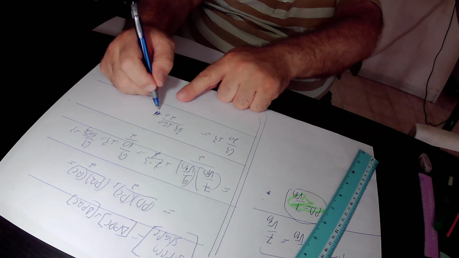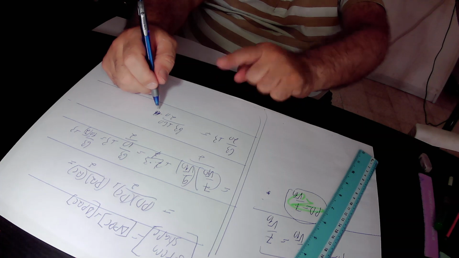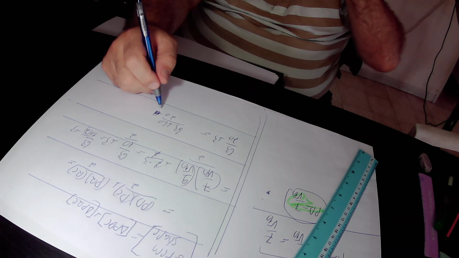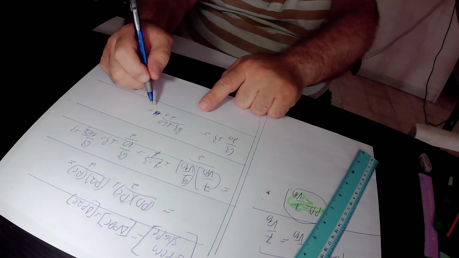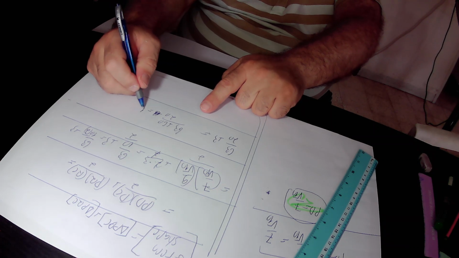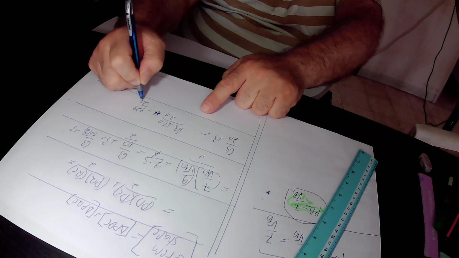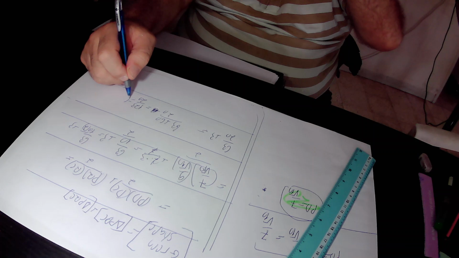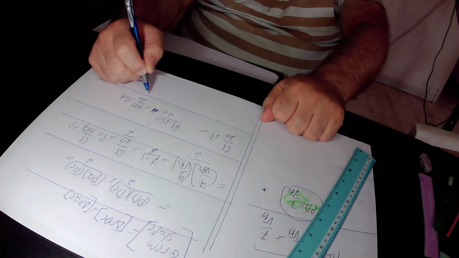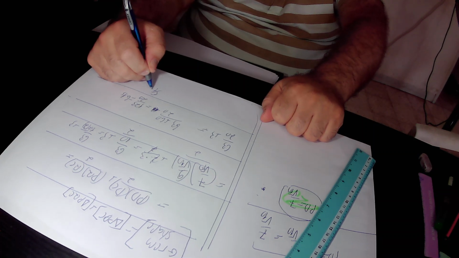So in total we found that 63 plus 60 is 123 over 20. 123 over 20 is 6.15 square units.